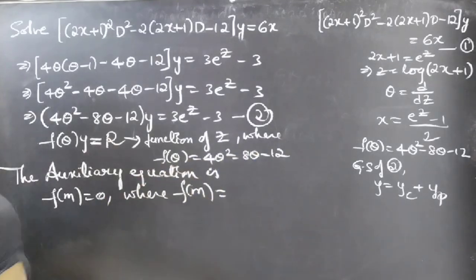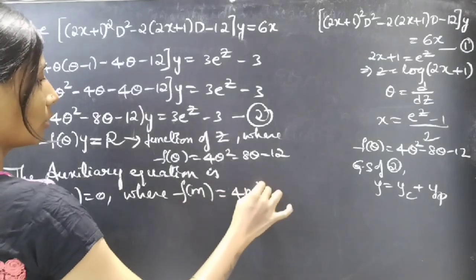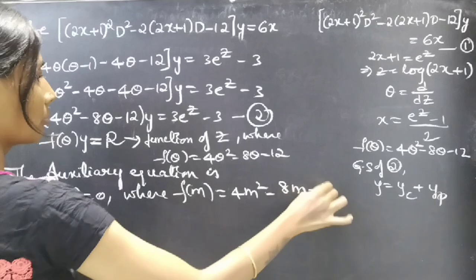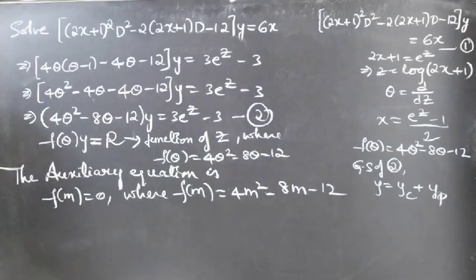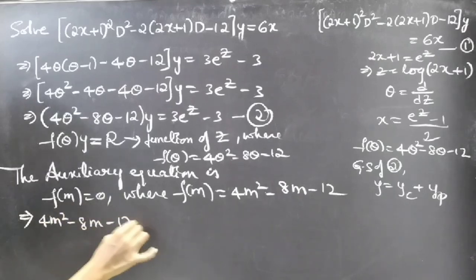Let's replace theta by m so that we will get f of m equal to 4m square minus 8m minus 12, right? Then the auxiliary equation becomes 4m square minus 8m minus 12 equal to 0.